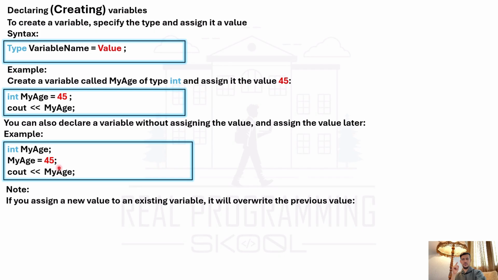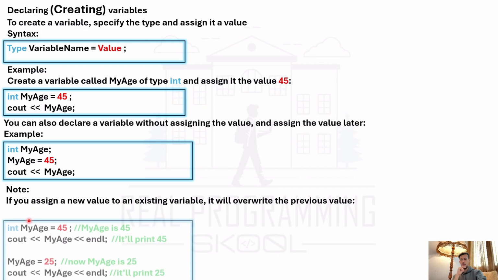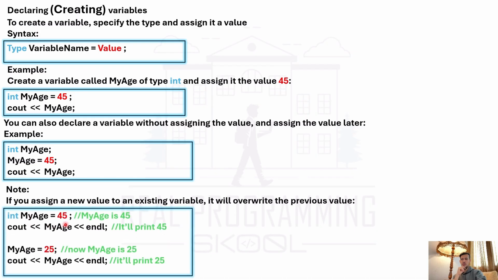And after that, because I assigned it a new value, the compiler will go to the memory location, which is the address that we took in the previous course. It will erase the 45, replace it with 25, the new value, and after that it will print it for you on the console screen.